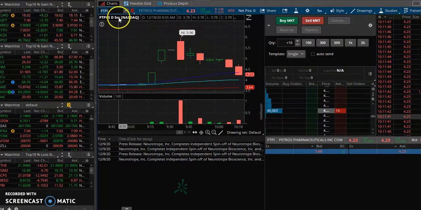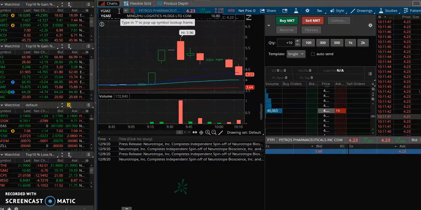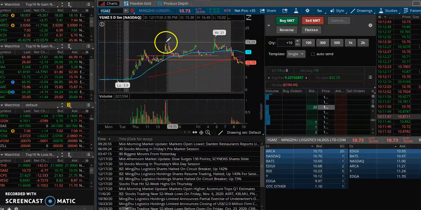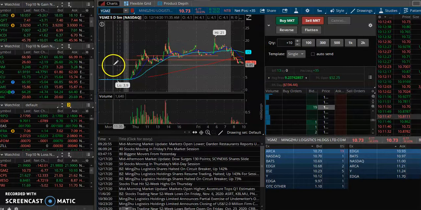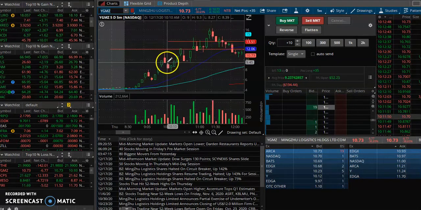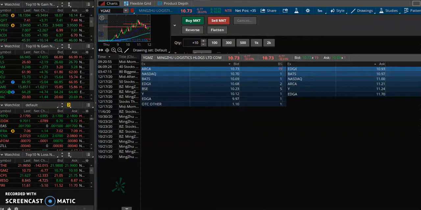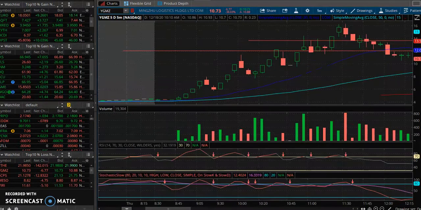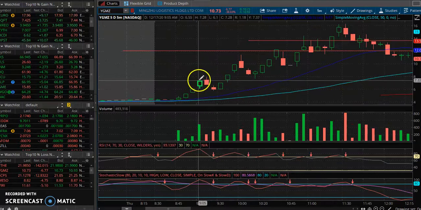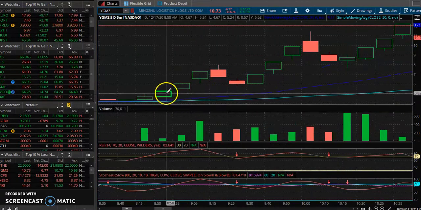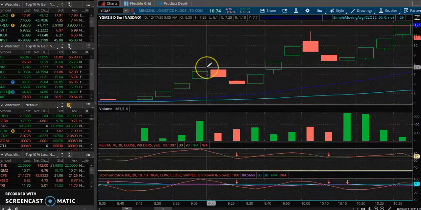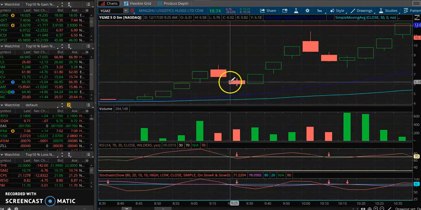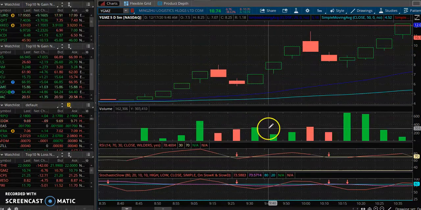Now what we want to see is a YGMZ situation. We want to see this situation here, okay? So zoom out. Let's take all these indicators off. What you want to see is a situation where there's a halt, a halt, a halt, a halt down, and then it shows strength because volume continues to come in.